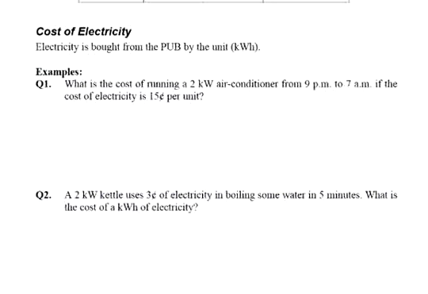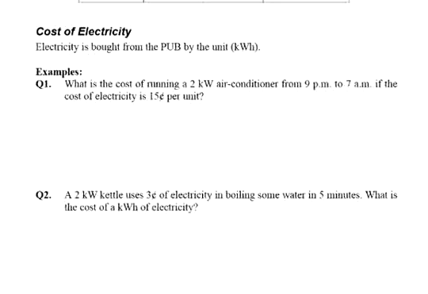So the Public Utilities Board sells by the unit of kilowatt hour. So what is the cost of running a 2 kilowatt air conditioner from 9 p.m. to 7 a.m. if the cost of electricity is 15 cents per unit?